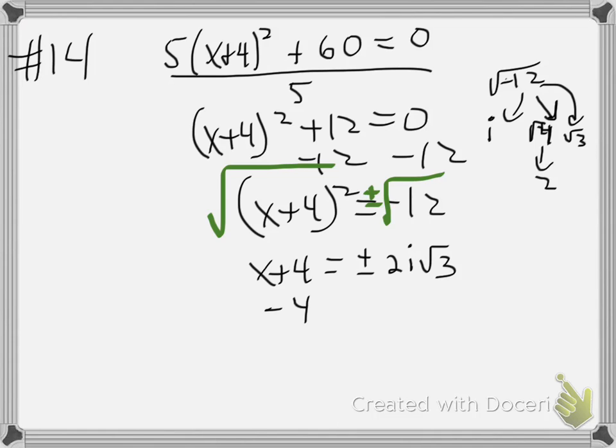Now I'm going to subtract 4 from both sides. X equals negative 4 plus or minus 2i root 3. Remember, the square root of negative 1 is i. There's our answer.